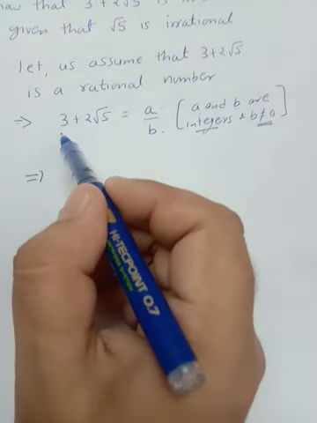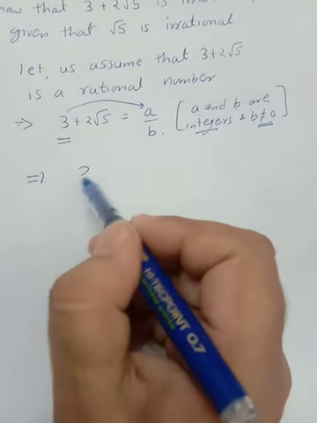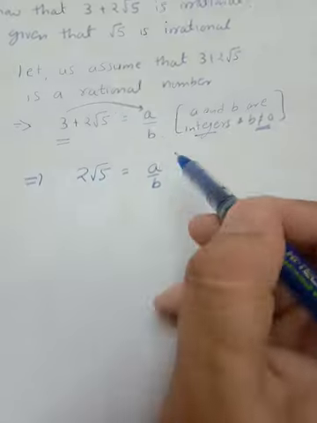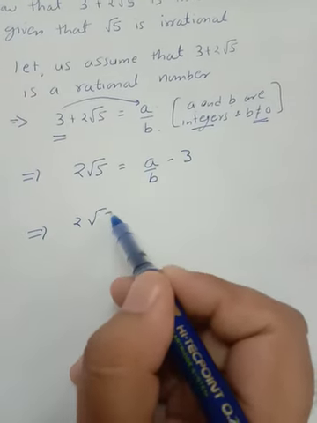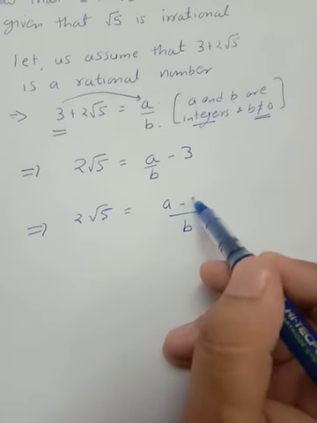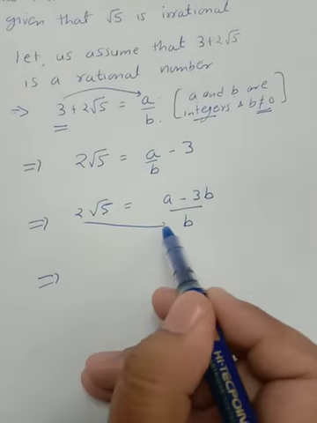Next step is we will shift this number to the right hand side. So we get 2 root 5 equals a by b, and plus will become minus. Further we will take the LCM. LCM is b. We get a minus 3b. And then we'll shift 2 here.